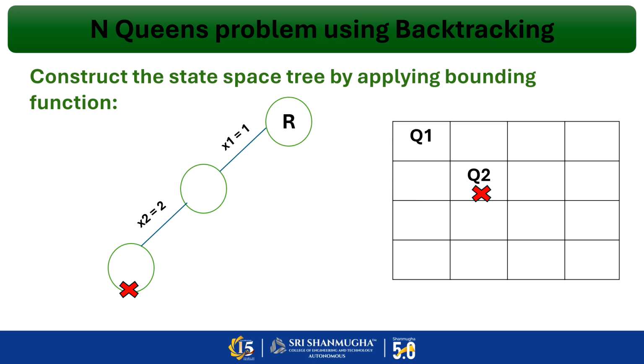Already I mentioned that each queen will be placed in a separate row: queen 1 in the first row, queen 2 in the second row, queen 3 in the third row and queen 4 in the fourth row. First I am trying to place queen 1 in the first row, first column. After placing that, in the second row, second column, I am trying to place Q2. But it is diagonal to Q1, so definitely there will be an attack, right?